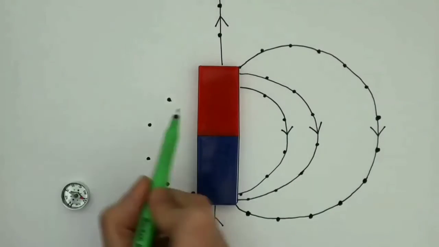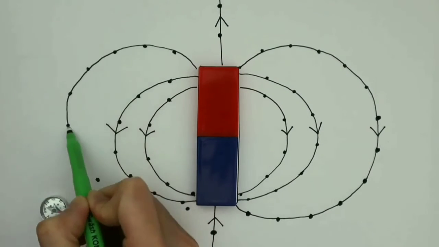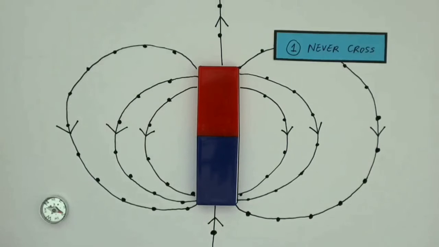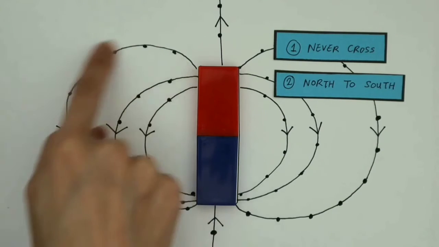And with that you can also understand that the magnetic field lines are not crossing each other, they are all circular lines which do not cross each other.